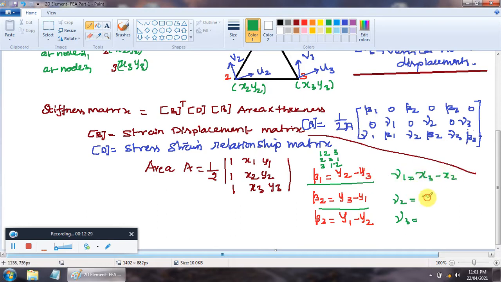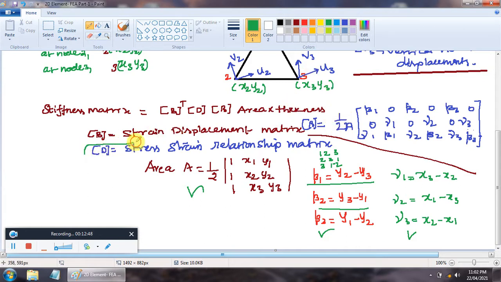So gamma 1 is x3 minus x2, gamma 2 is x1 minus x3, and gamma 3 is x2 minus x1. Once you find the area, beta values, and gamma values, you can find B.